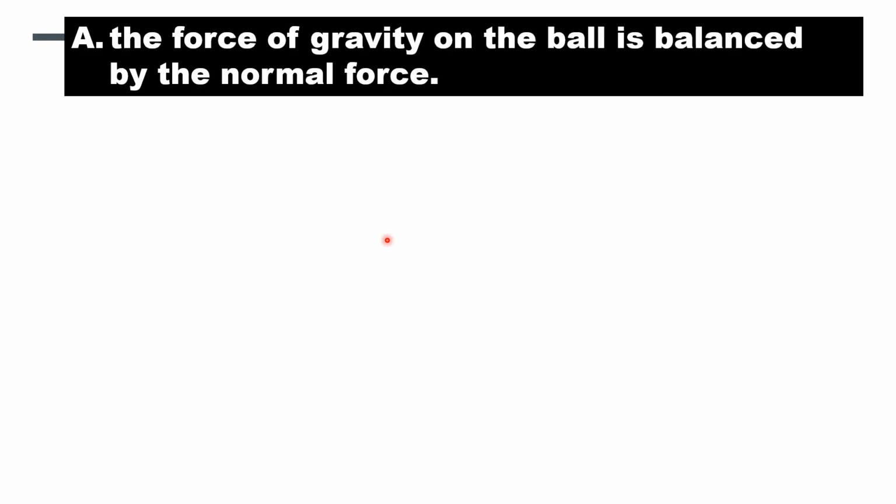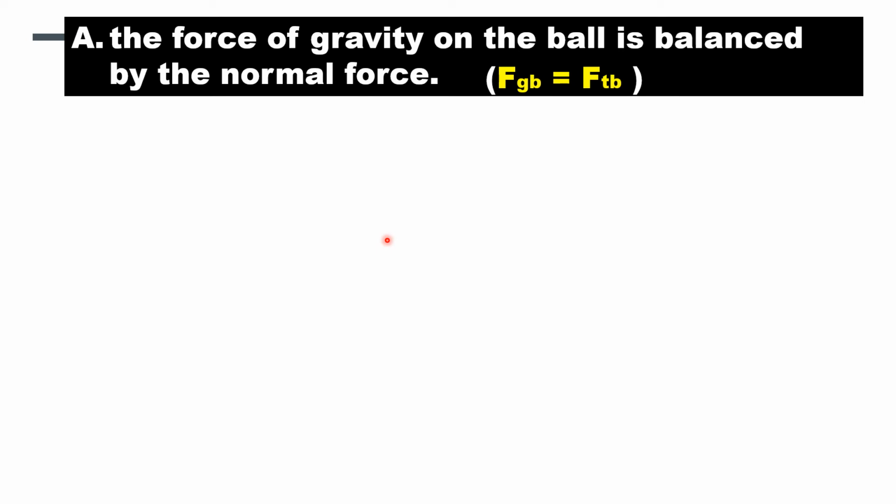Here are the four explanations given. First, is it because the force of gravity on the ball is balanced by the normal force? In short, is FGB equal to FTB?